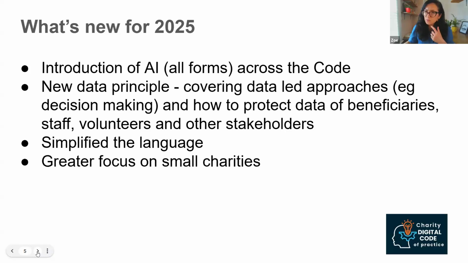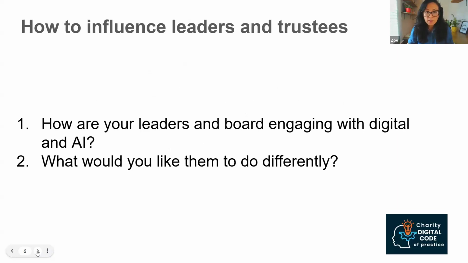Other thing I should probably have mentioned here, which I might have referenced on previous slides, is a much stronger focus on inclusion this time around in the code, both in terms of digital inclusion, but also really reflecting how charities are talking much more about how they take inclusive approaches to digital. So please do look out for those changes in the code too. Hopefully that will help everyone also.